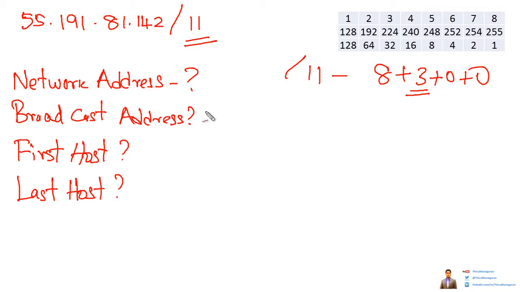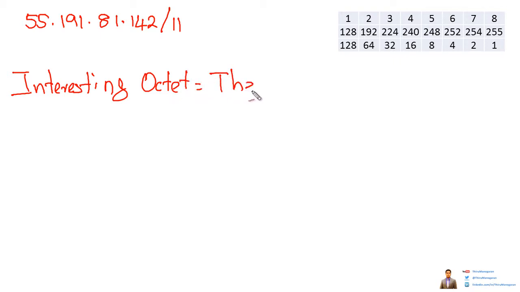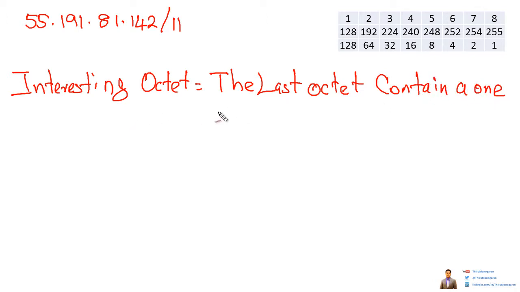The interesting octet is the last octet that contains a 1 in the subnet mask.